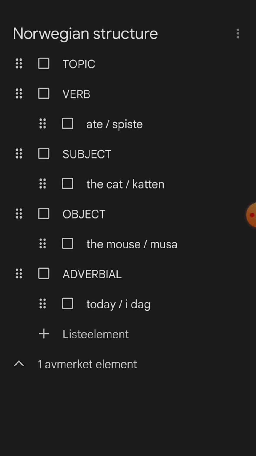But if the object or the adverbial goes before the verb, the subject comes after the verb. It's really as simple as that. But the way it's being taught makes it very confusing. I hope this cleared things up a bit, and I'll see you later.